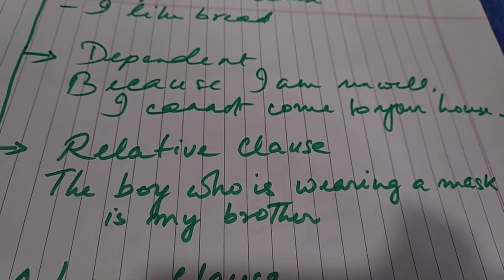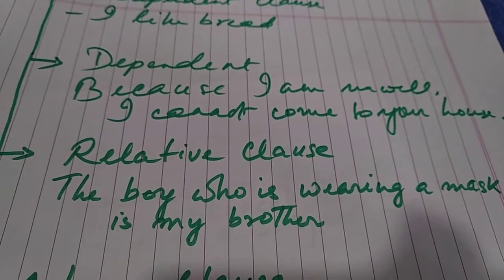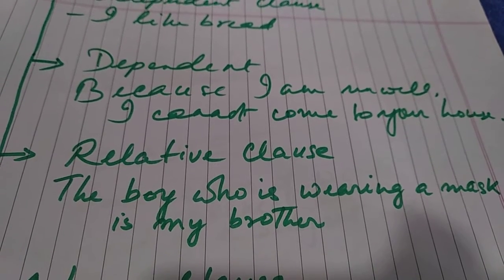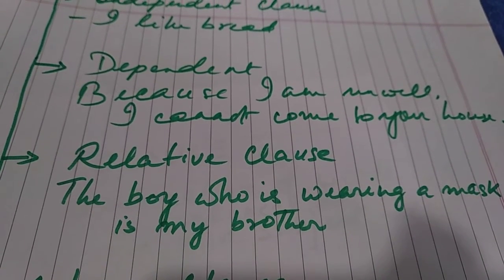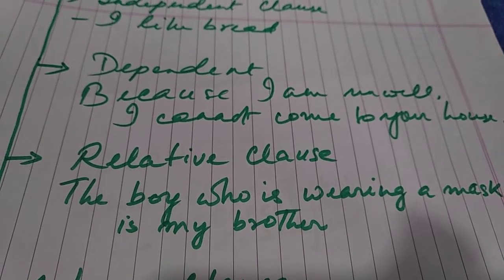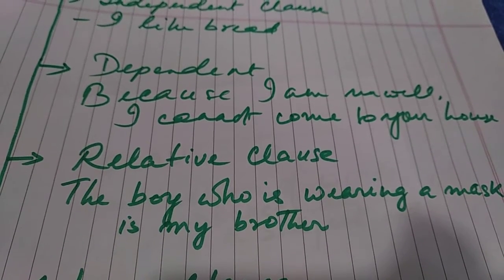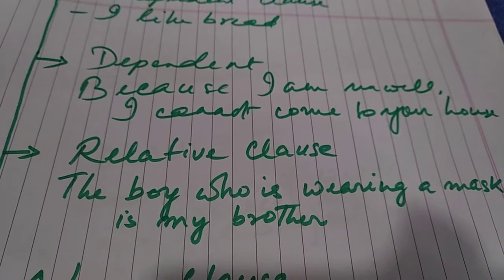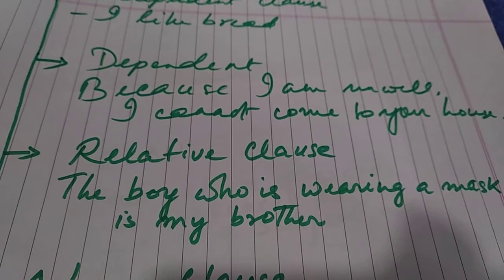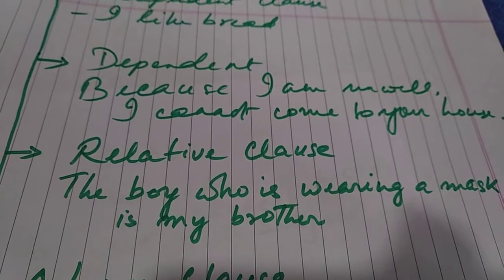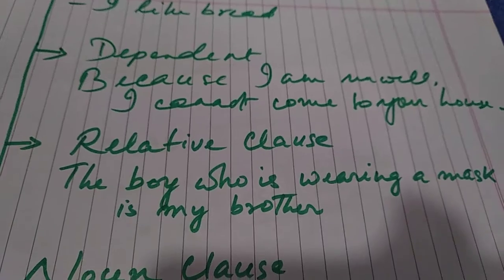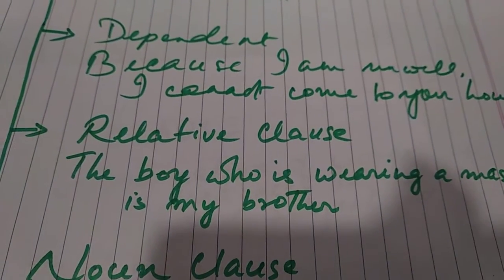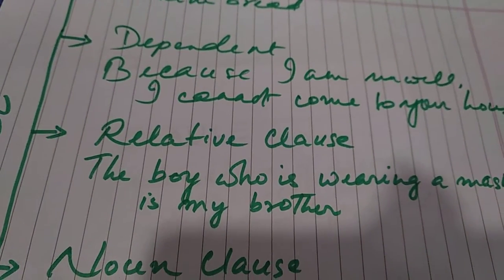Who is wearing a mask? Who? The boy. What is this who? The boy who is wearing a mask. Here, who does the work of a pronoun. So, in relative clause, we have pronouns also.